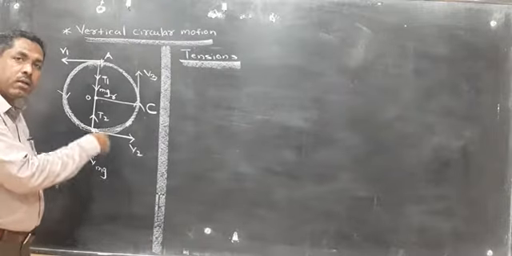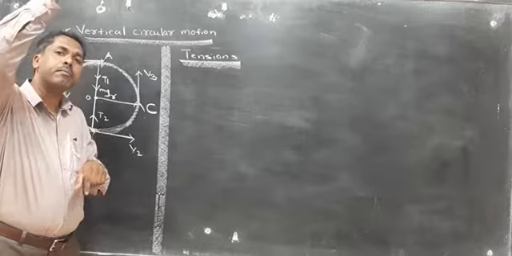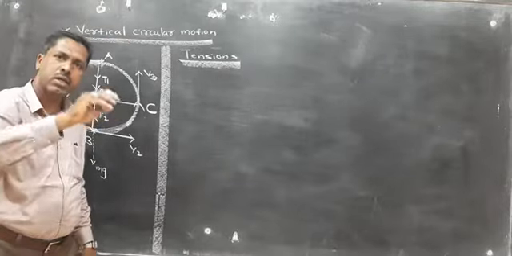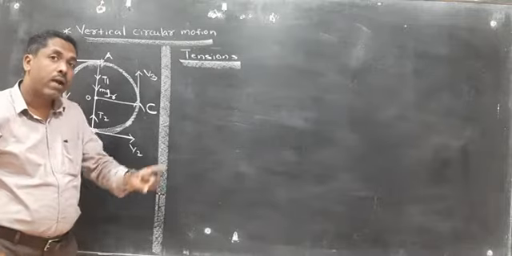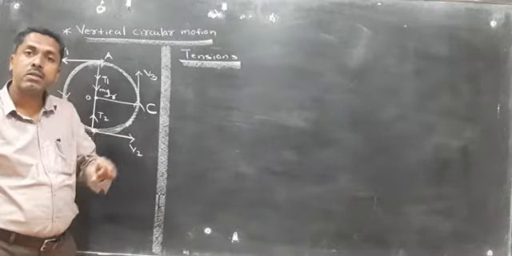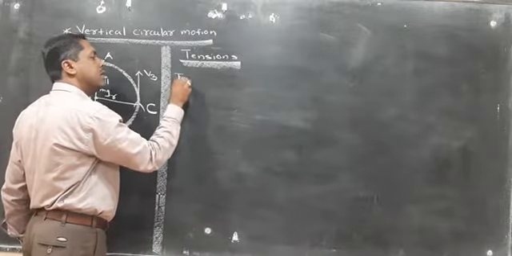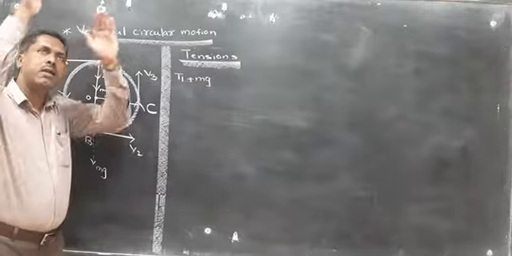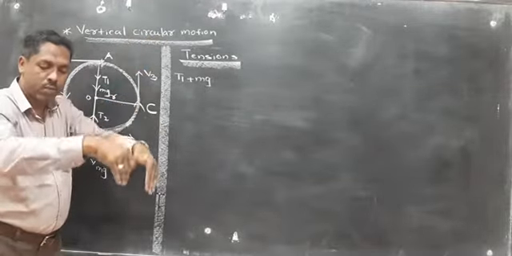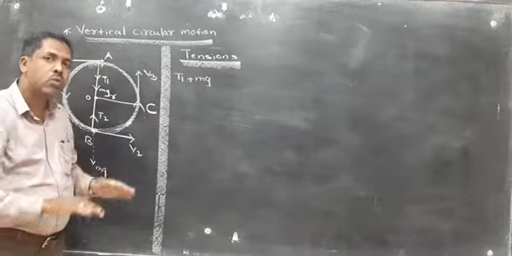While performing vertical circular motion, whenever the object is at the top, the tension and its weight mg are both acting vertically downward.